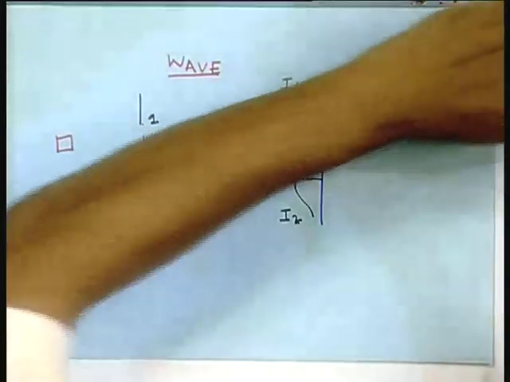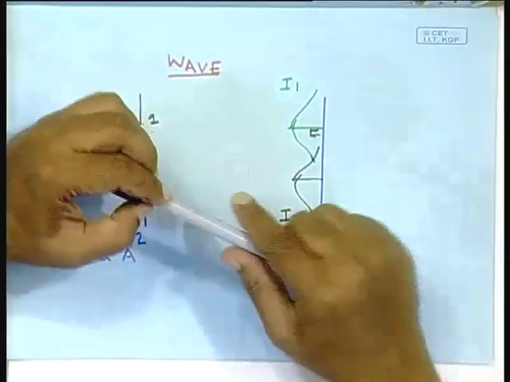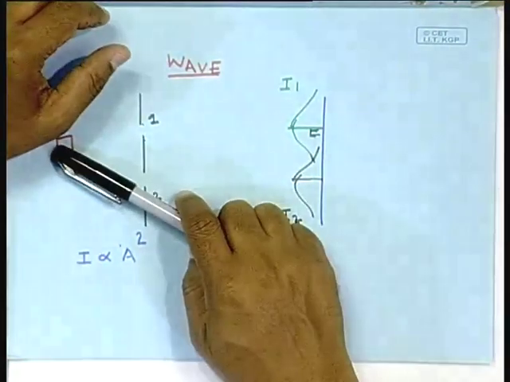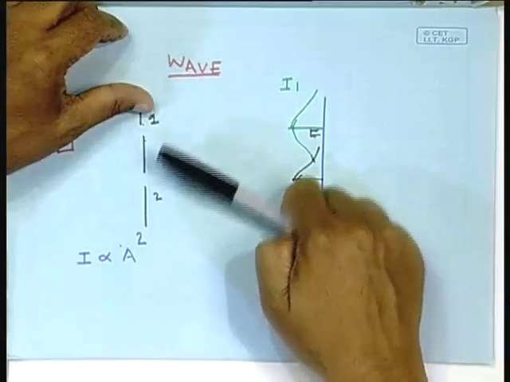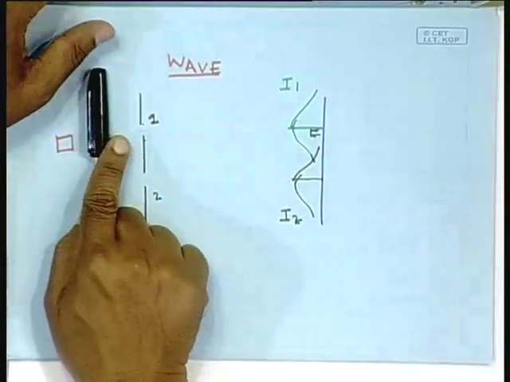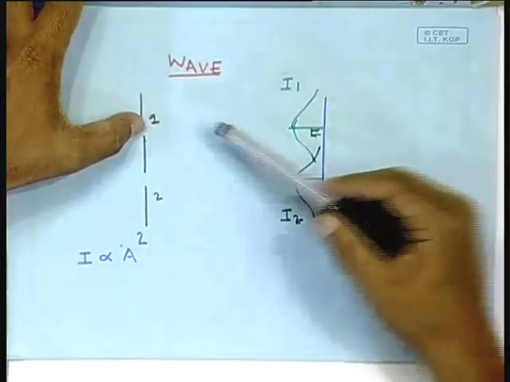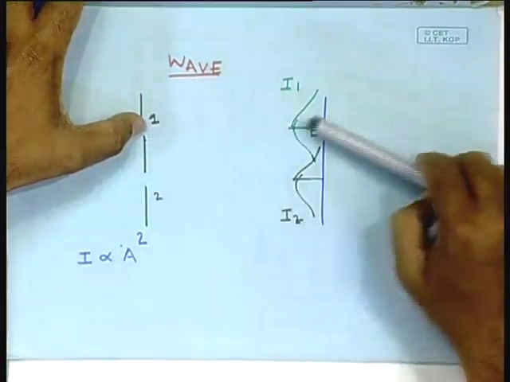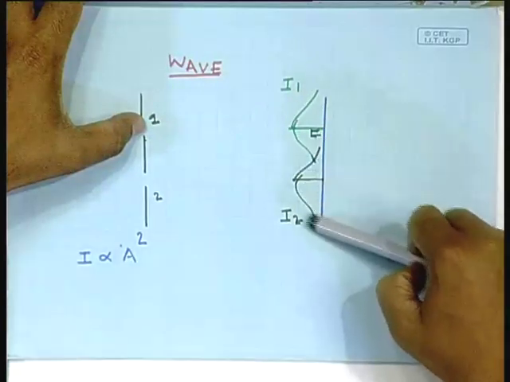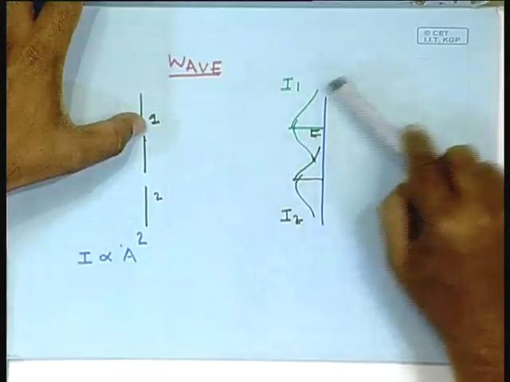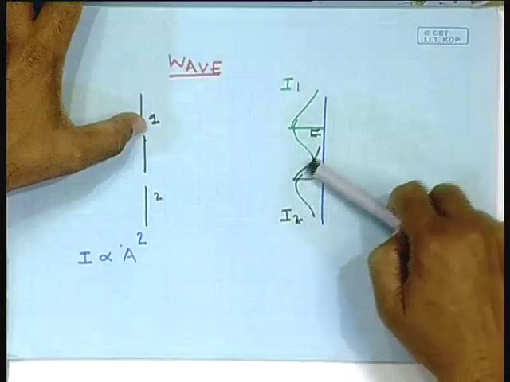Now, we also know that when we have two slits like this and we have a single wave incident on this, this produces two secondary waves, and if I open both the slits, the intensity pattern over here is not going to be the sum of the individual intensities.